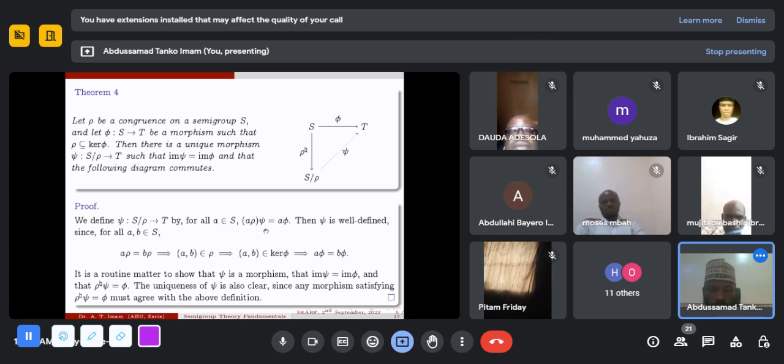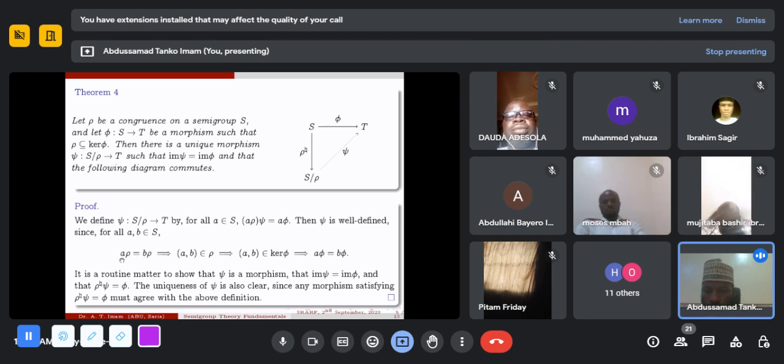And once you have that, you can check that if you define psi again by mapping every rho equivalence class to the image of its generator under phi, that psi is well defined.